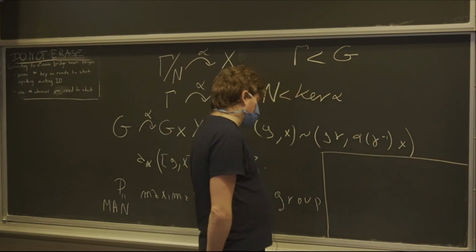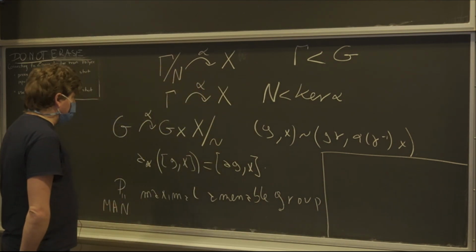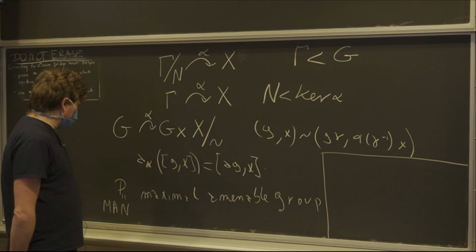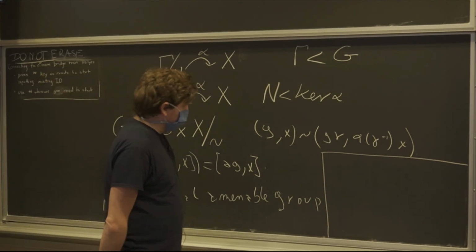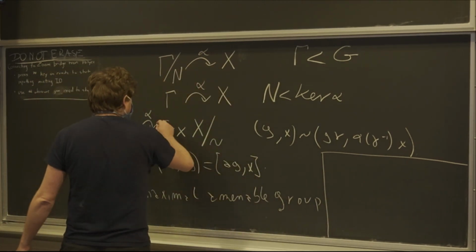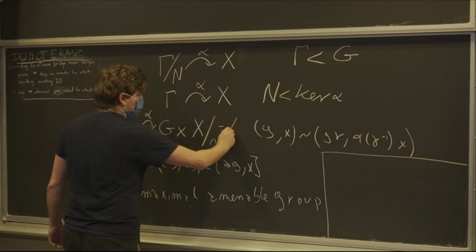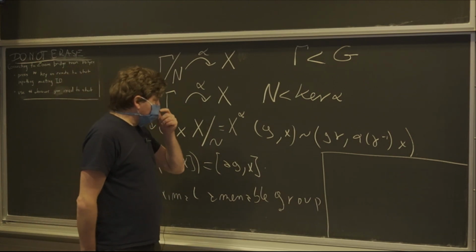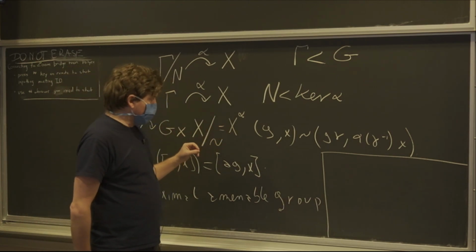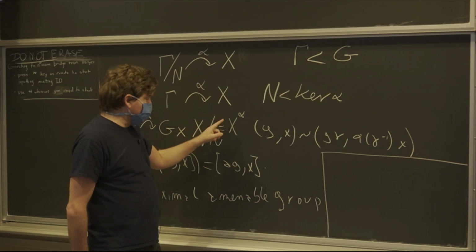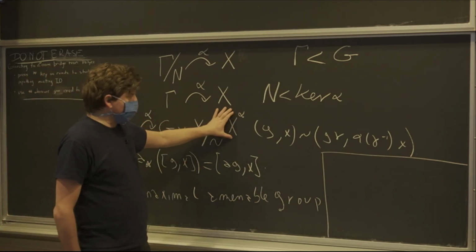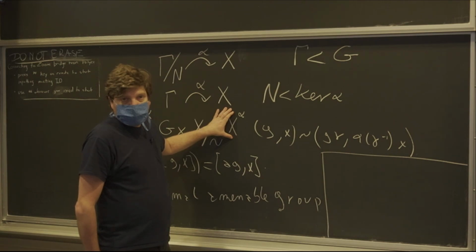I could do what I tried to do, but there are several details I should be more careful about. So this is what we called X alpha. One of the definitions of amenability will allow us to build this P-invariant measure on X alpha as soon as X alpha is compact.